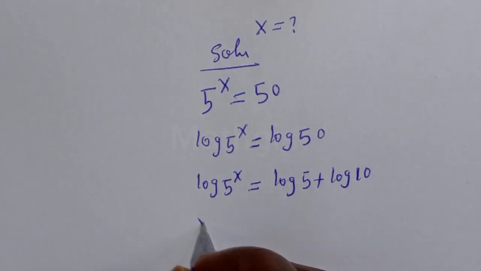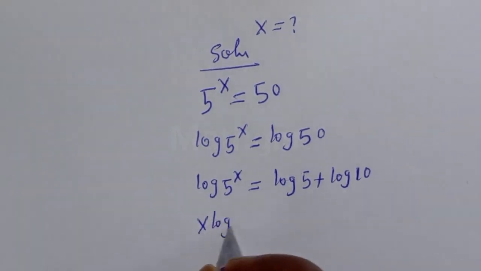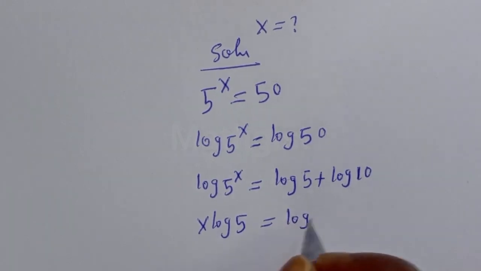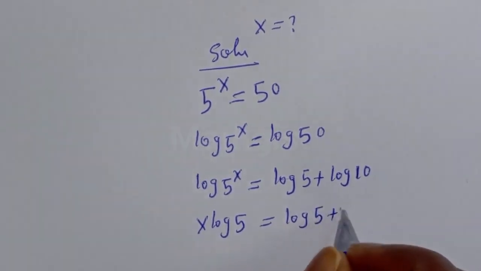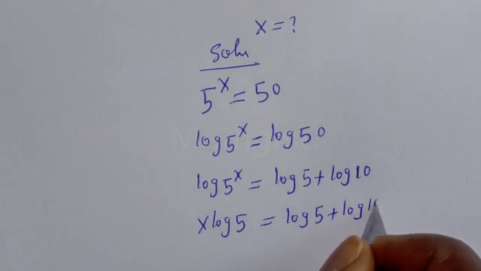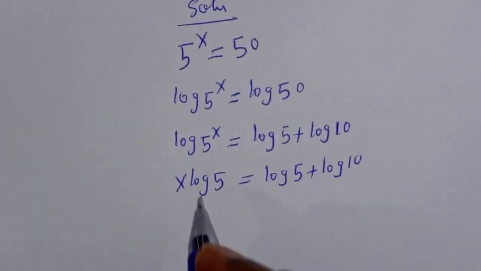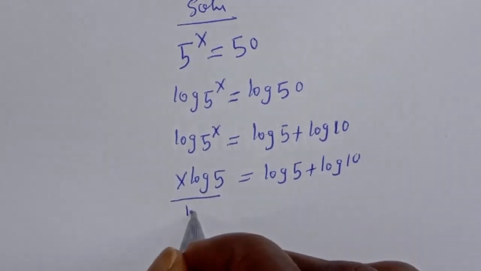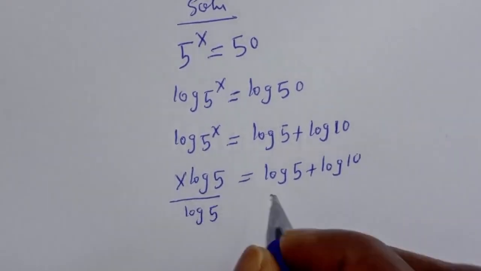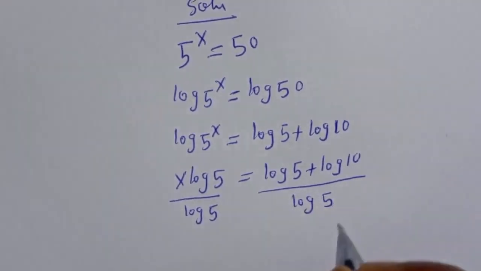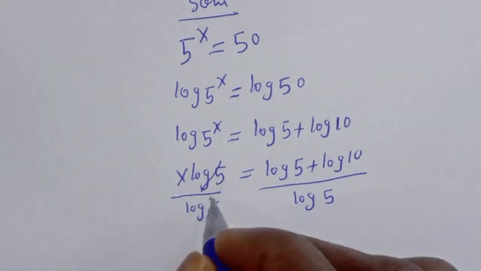Then here is s log 5 is equal to log 5 plus log 10. Let's divide both sides of this equation by log 5. This will cancel this.